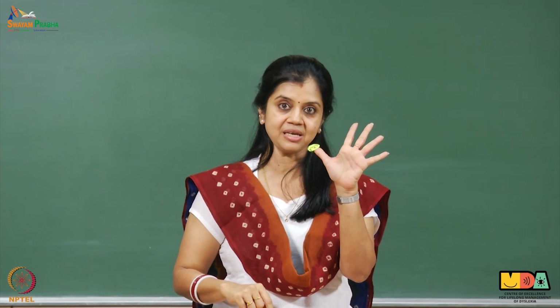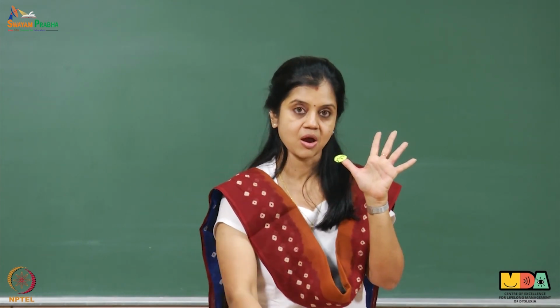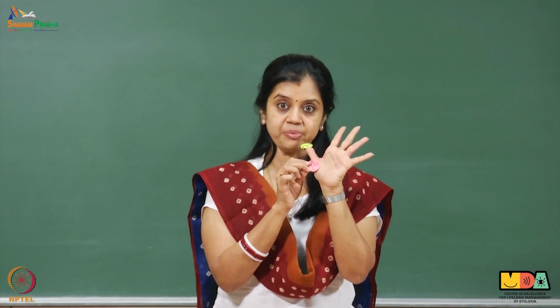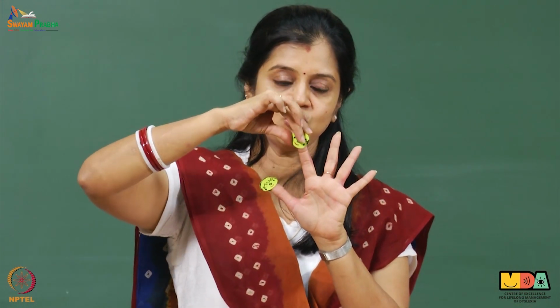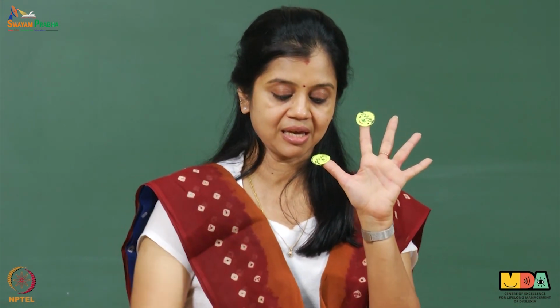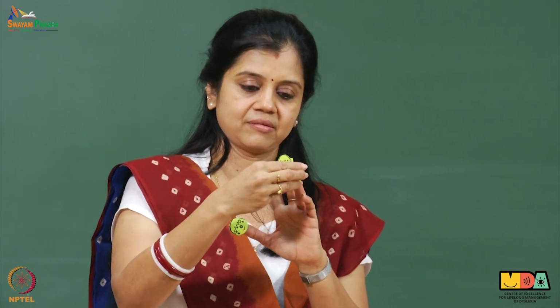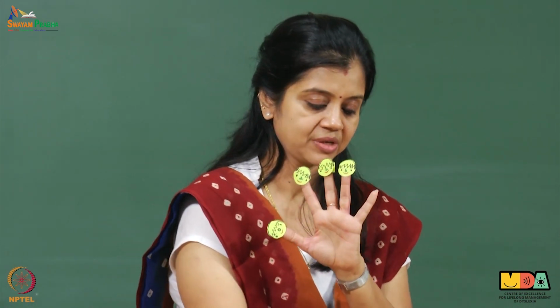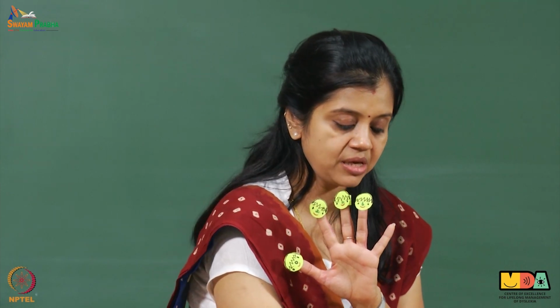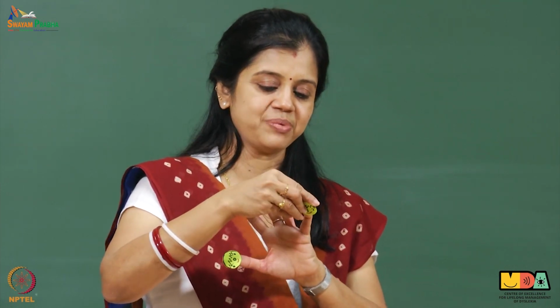0 is happy, 1 not happy, grumpy. So, I am going to leave 1. Let's look at 2. How is 2? 2 is happy, 3 grumpy, 4 happy, 5 grumpy, 6 happy, 7 grumpy, 8 happy.